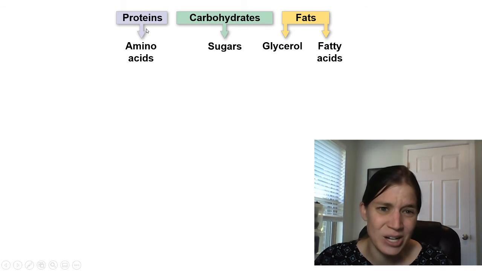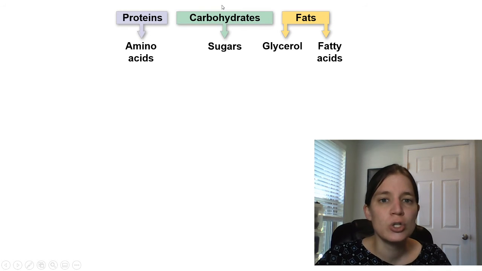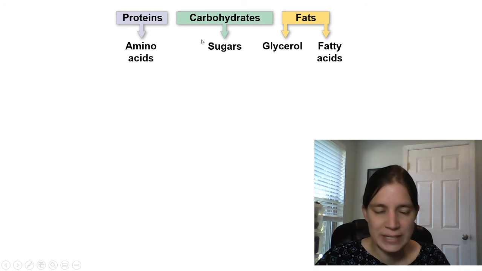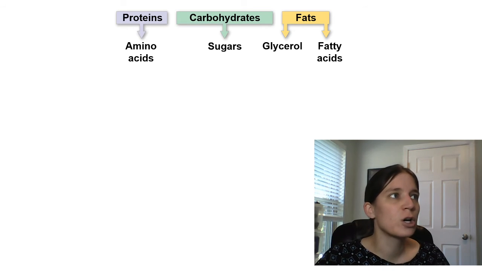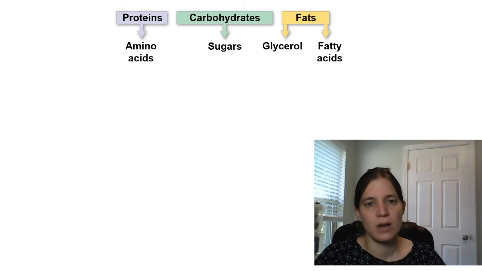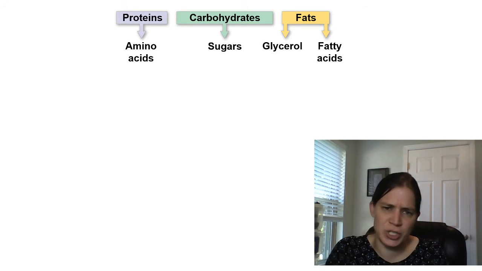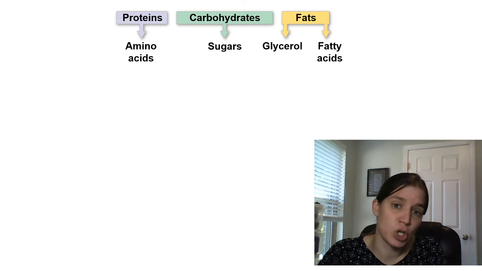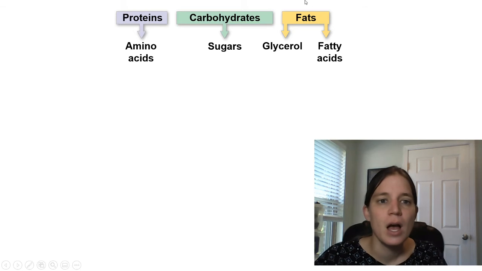Main types of things you're eating are going to be proteins, carbohydrates, and fats, right? So carbohydrates could be something like glucose, which we've seen so far, or it could be something more complicated like starch, or something in between, like sucrose, which is a more complicated sugar than glucose, but it's still sugar stuck together.